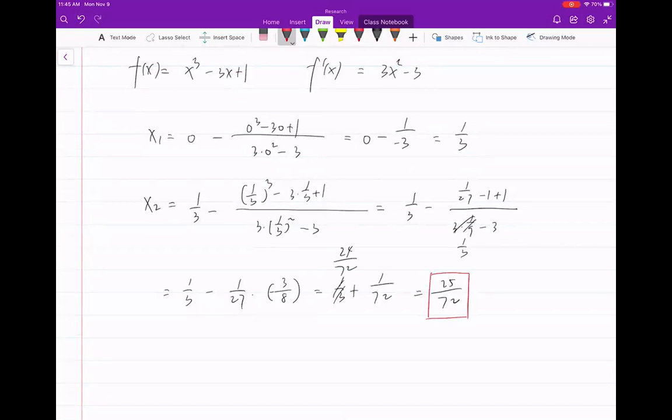That's your x2. Sounds good? For x3, same procedure, but instead of putting in 1/3, you put in the one you just found, 25 divided by 72. You find x3. That's going to be something we don't want to do. After that, take that number, put it in, you find x4. You keep going. Is the procedure clear? Now you want to take out a calculator or program it because you really don't want to do this by hand.